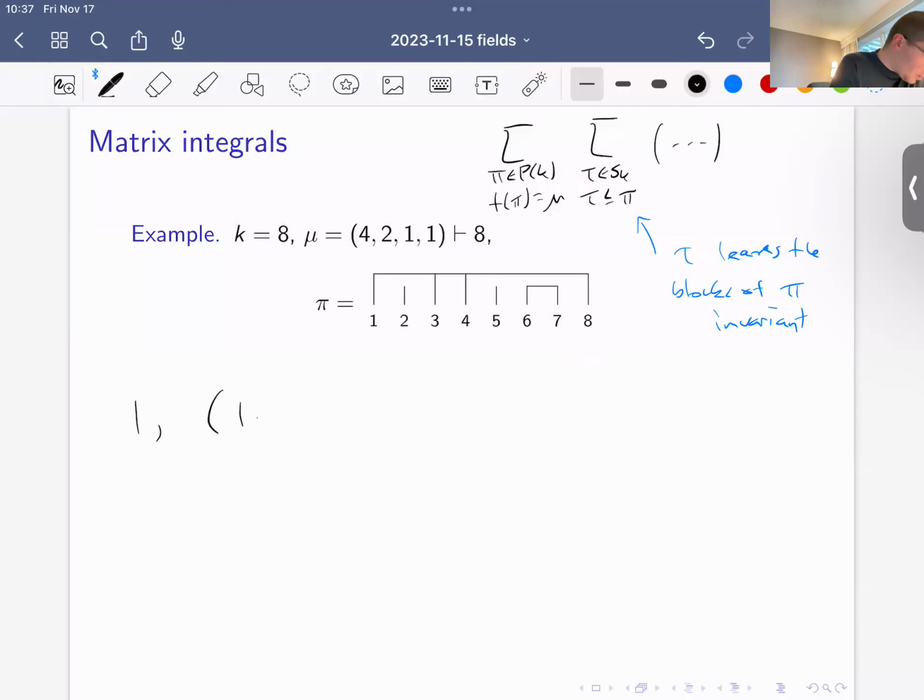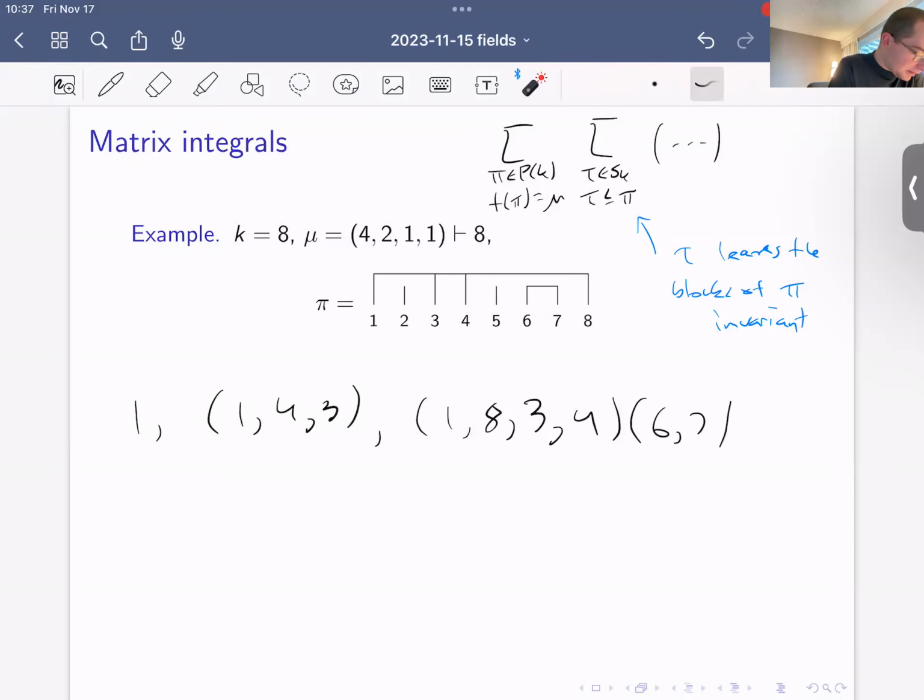Then 1, 4, 3 leaves all of the blocks invariant, because 1, 4, and 3 are all in the same 4-element block. And this other permutation, 1, 8, 3, 4 times 6, 7, leaves all of the blocks invariant, right? It leaves this one invariant, and it leaves this one invariant.